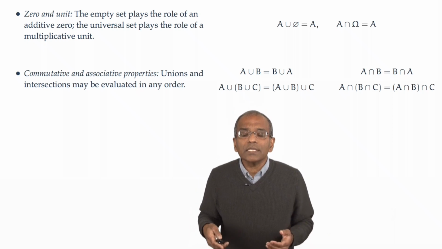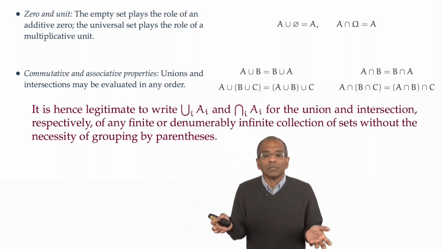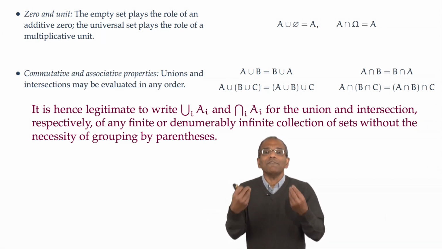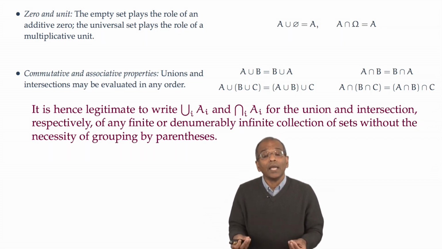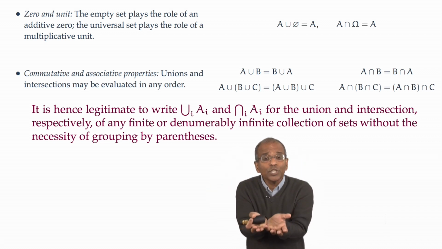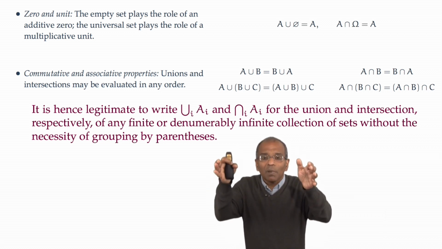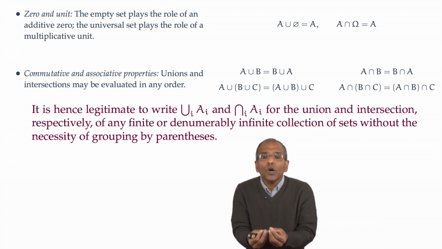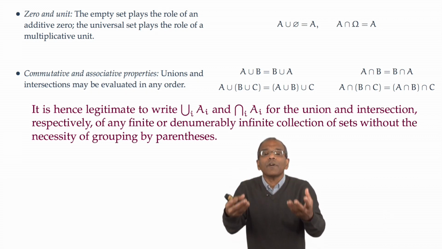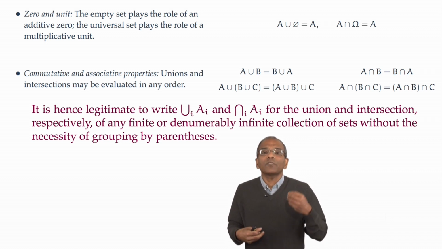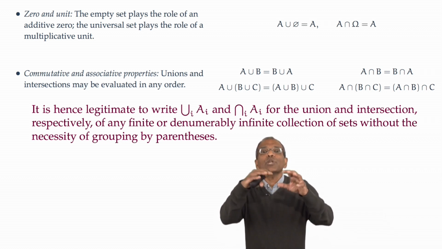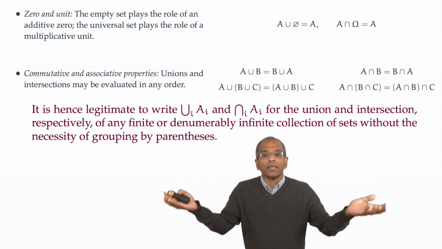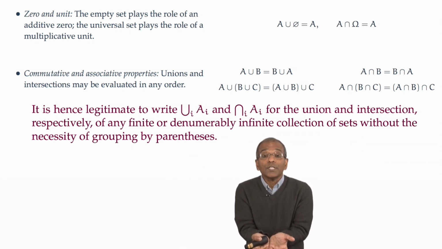And in this context, it is completely reasonable to say the union of a finite or infinite collection of subsets A_i is just: write down the union symbol, the smile, the cup pointing upwards. Take the union as i varies over a finite or an infinite range of the A sub i's, and there will be absolutely no ambiguity. This represents the collective union of a finite or a countable infinity of these sets.